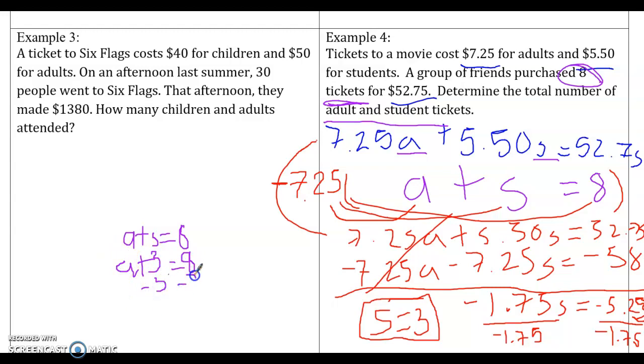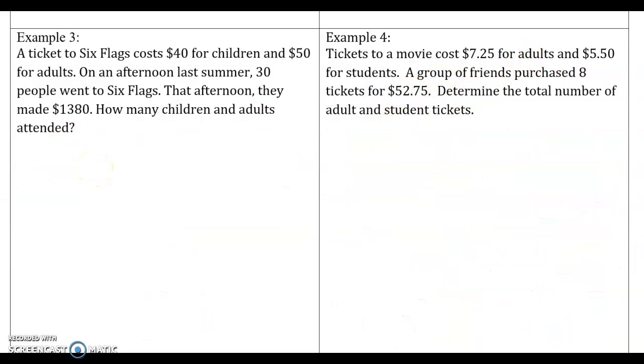And I subtract 3 from both sides. So I had 5 adults. Okay. So 5 adults and 3 students attended the movies. And that's it. Go ahead and start on the practice. There aren't too many questions. And if you have any questions, let me know.